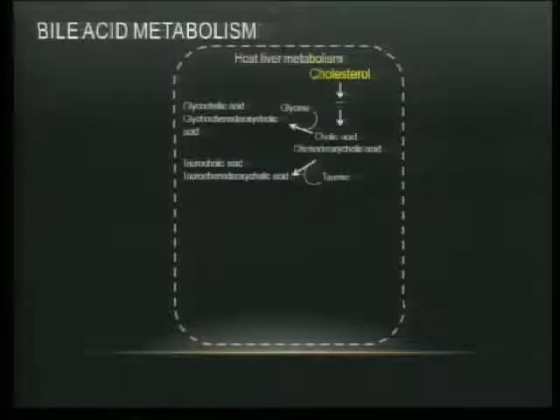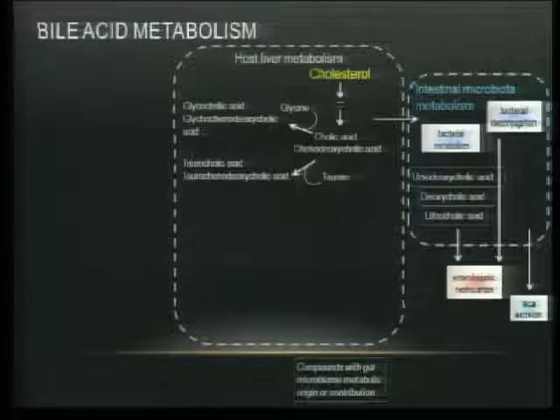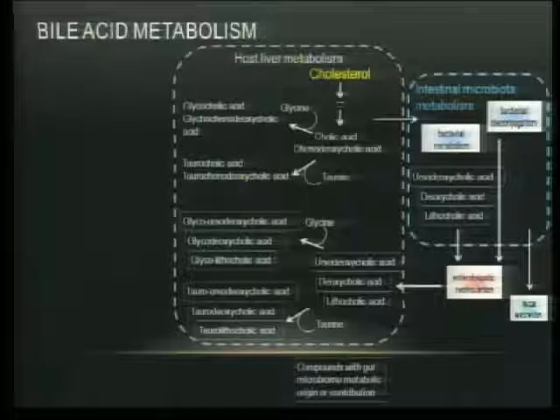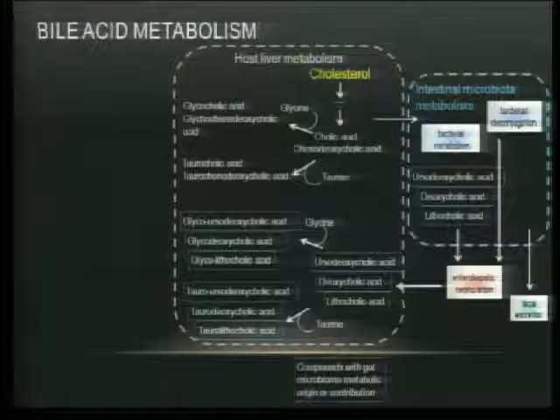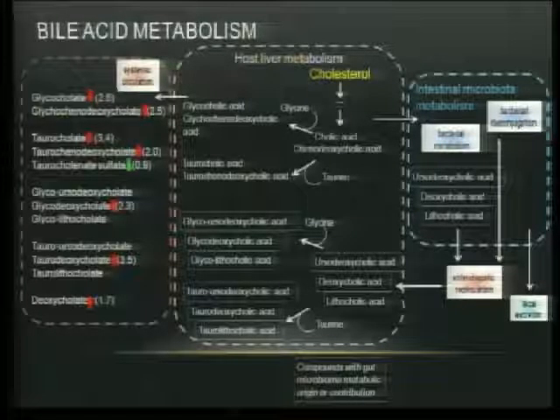These are also metabolized by intestinal microbiota, and you get ursodeoxycholic acid, deoxycholic acid, and lithocholic acid. Some of these are excreted, or they enter enterohepatic circulation, come back to the liver, are further conjugated with glycine and taurine, and then all of these circulate.